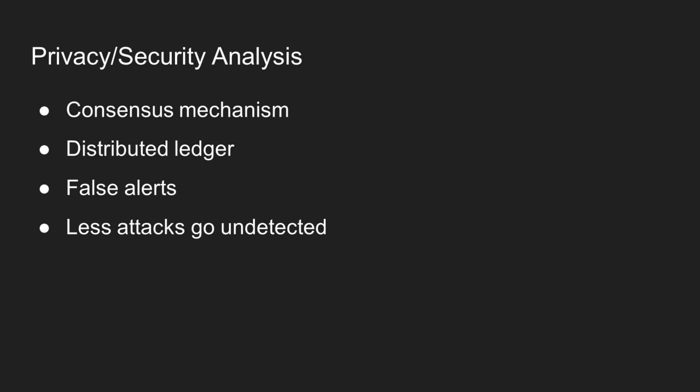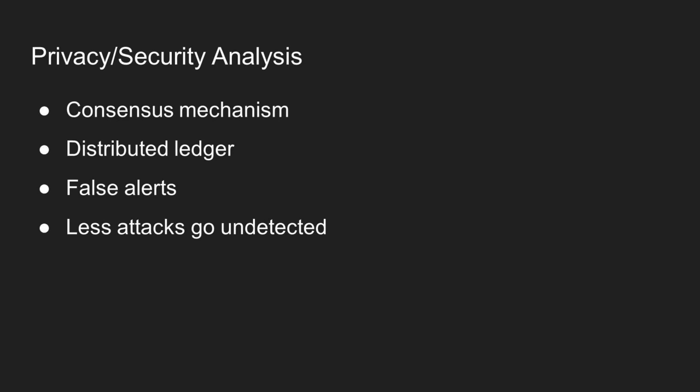So just to recap, the consensus mechanism can help with privacy and security. A big issue with implementing a collaborative intrusion detection system was that the different nodes didn't want to share data and trust each other. And with blockchain, it can do that without having an intermediary.